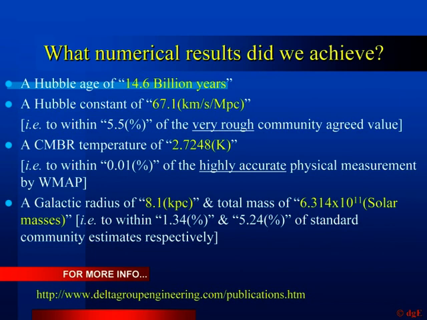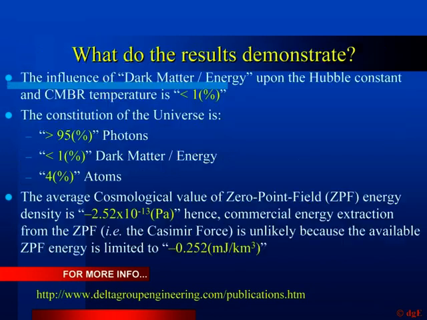A cosmic microwave background radiation temperature of 2.7248 Kelvin, that is, to within 0.01% of the highly accurate physical measurement by WMAP, and 4. A galactic radius of 8.1 kiloparsec and total mass of 6.314 by 10 to the 11 solar masses, that is, to within 1.34% and 5.24% of standard community estimates respectively.